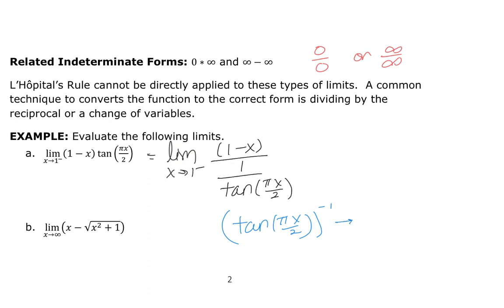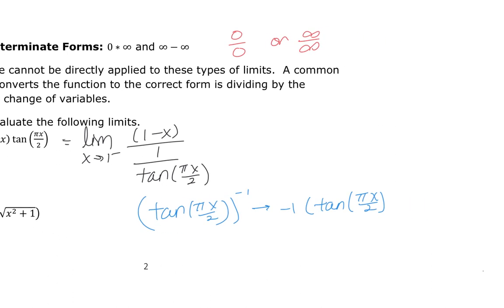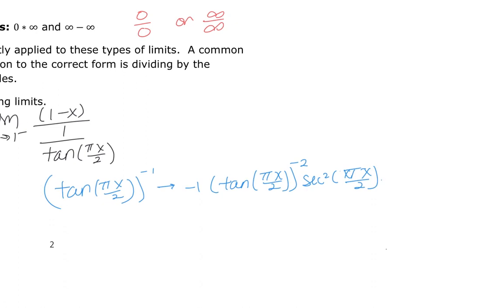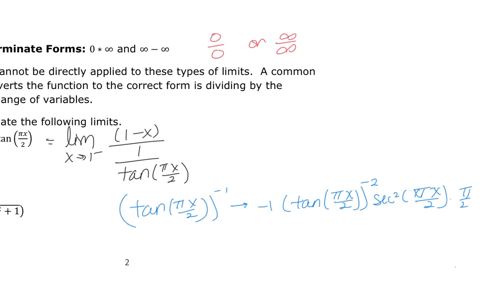Then its derivative would be negative 1, the tangent of pi x divided by 2 raised to the negative 2, multiplied by the secant squared of pi x divided by 2, and then multiplied by the derivative of that angle, which is pi over 2. All right. The derivative of the numerator, though, this is really kind of nice.